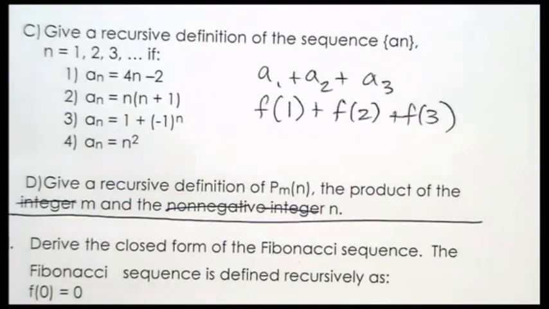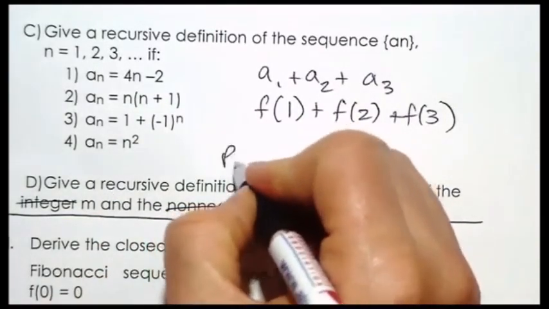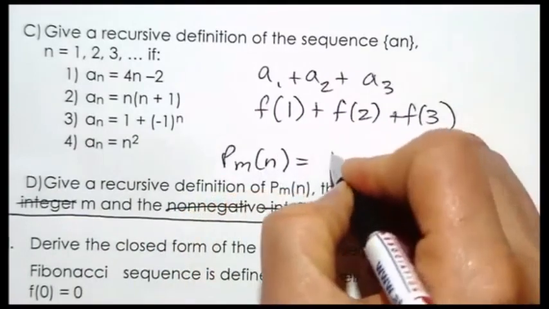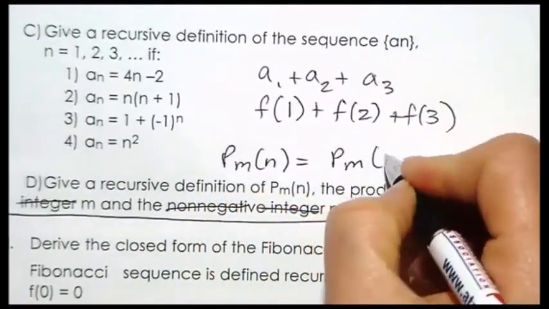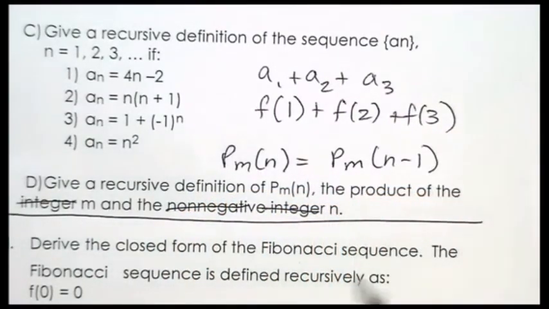Okay? Oh, it's recursive, so I can just go ahead and write this, and I got to have something like this, and then something, right? It's got to be recursive. So the thing I have to do to figure out what this is, I can't use the cheat method until I know what the original formula is. So what is the product of m and n? How do you write that? M times n.